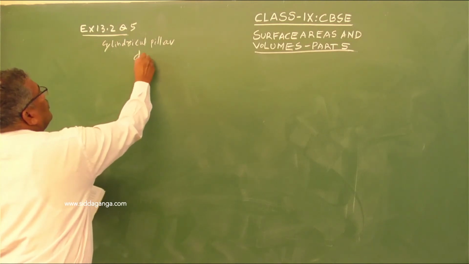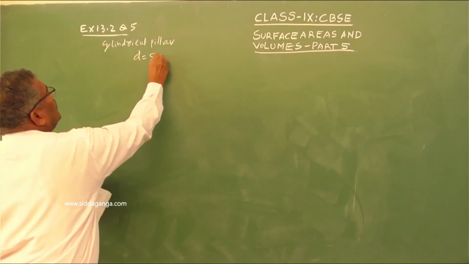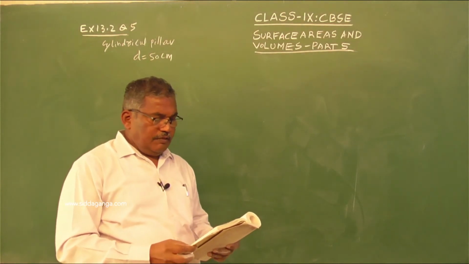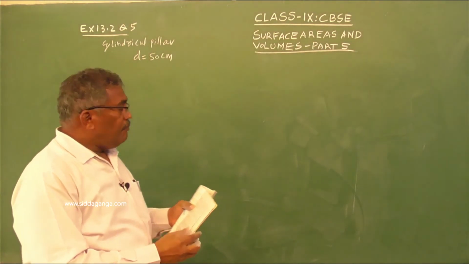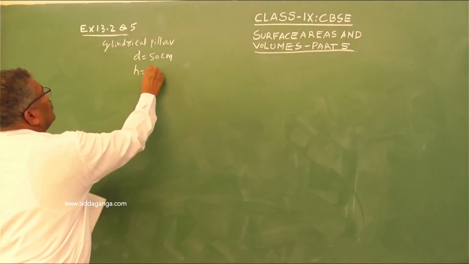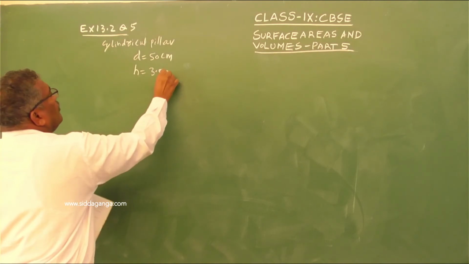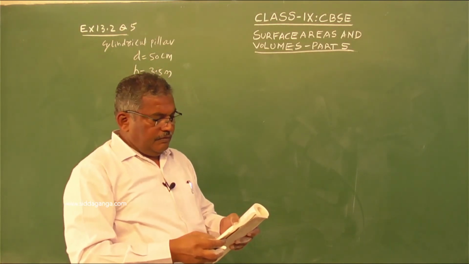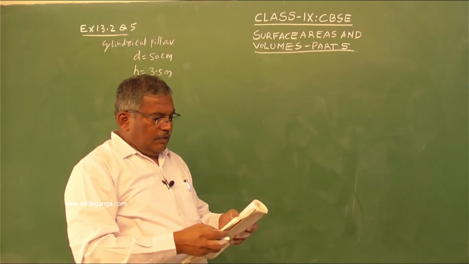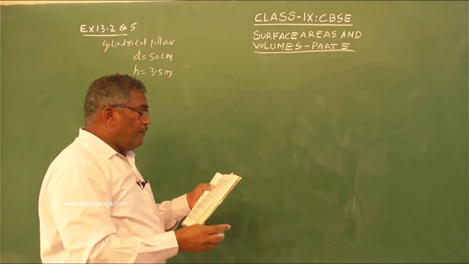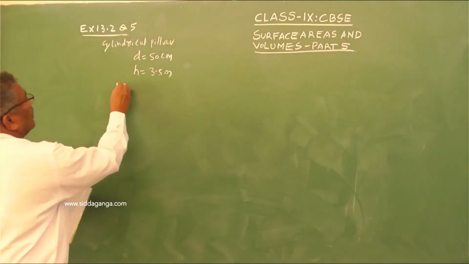So diameter is equal to 50 centimeter and 3.5 meter height. Height is equal to 3.5 meter. Find the cost of painting the curved surface of the pillar at the rate of rupees 12.50 per meter square.